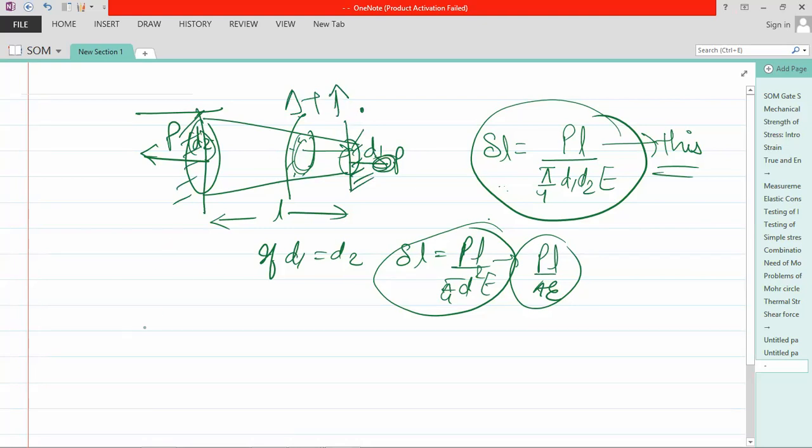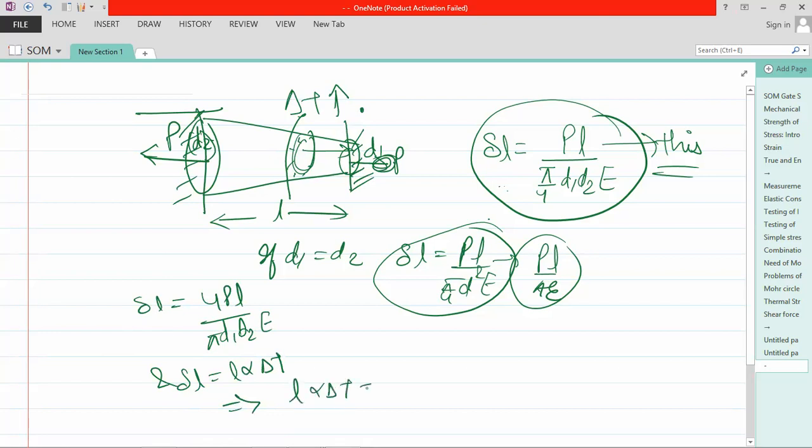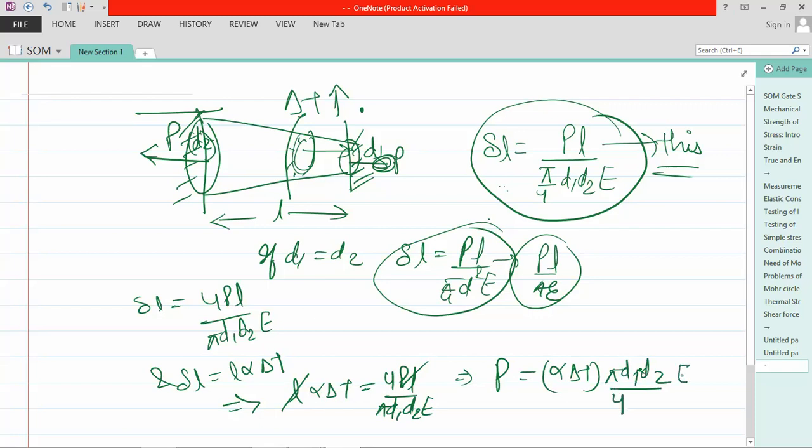So, first of all, you know, delta L is 4PL by pi D1 D2 E. And delta L is equal to L alpha delta T. This implies, if you look at both comparisons, L alpha delta T is equal to 4PL upon pi D1 D2 E. And cutting it, the force that is coming is alpha delta T pi D1 D2 E upon 4.